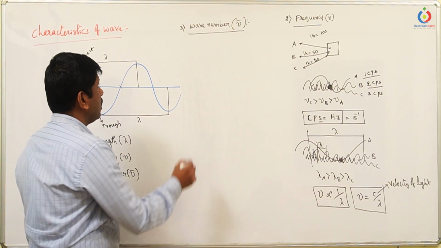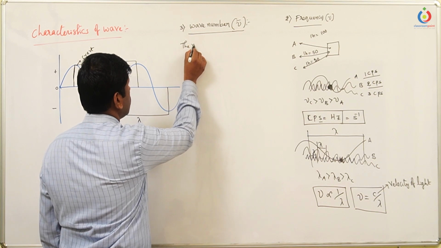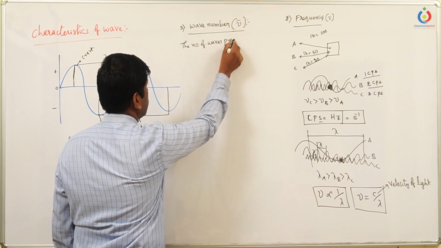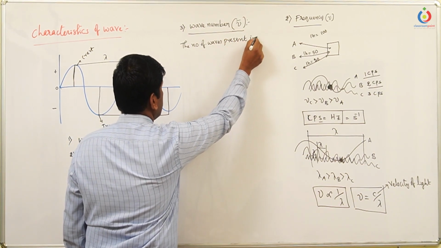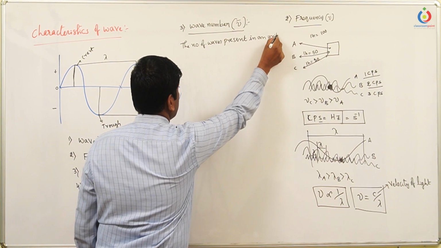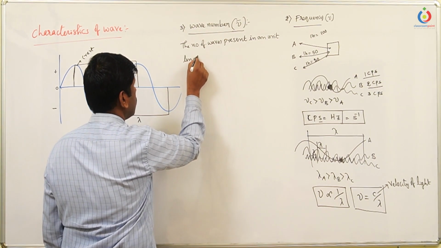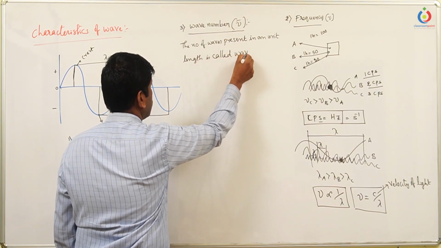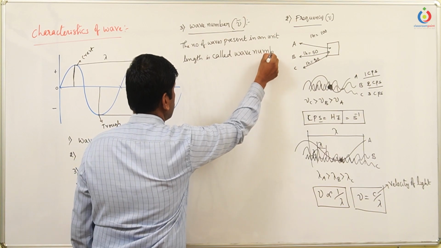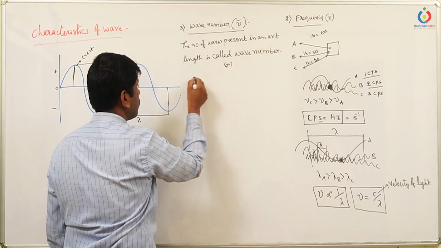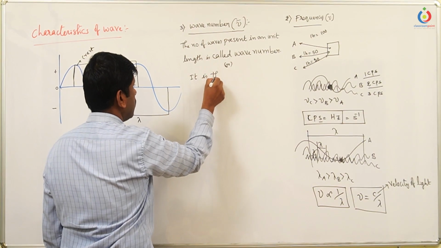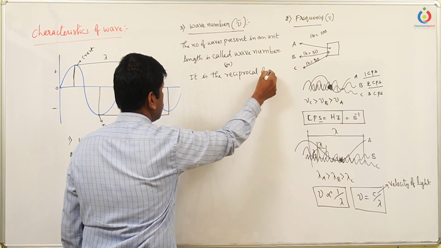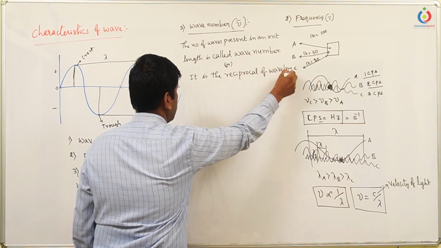So wave number means the number of waves present in a unit length is called wave number, or else it is the reciprocal of wavelength.